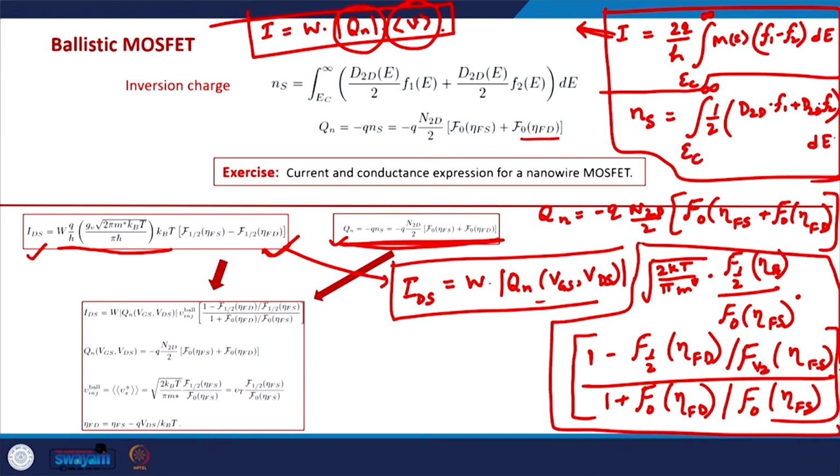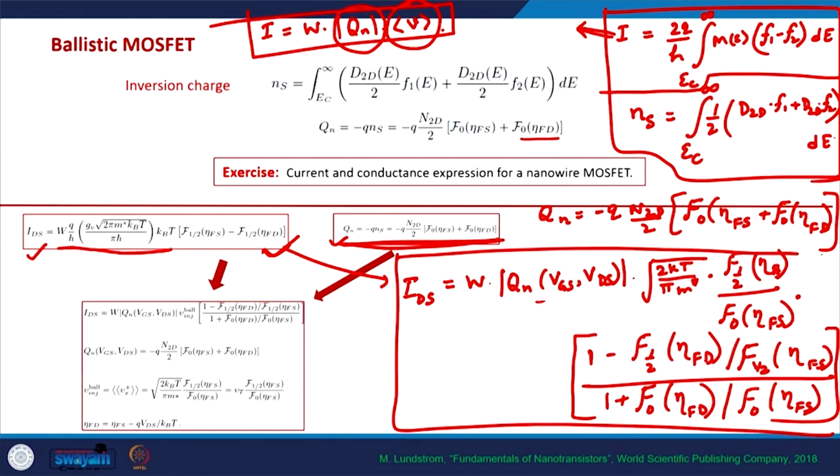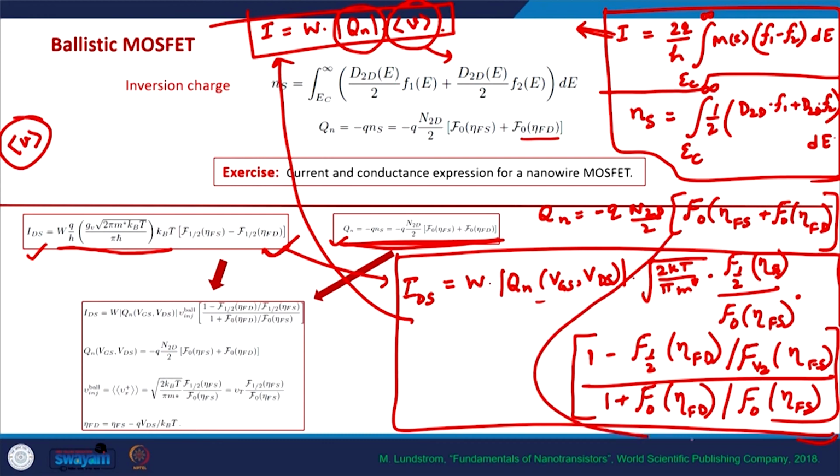So this entire factor after Qn can be considered to be the average velocity, because if we compare this expression to the expression above, the current is effectively this, and if we compare this to the expression above, the average velocity will be essentially this entire thing here.